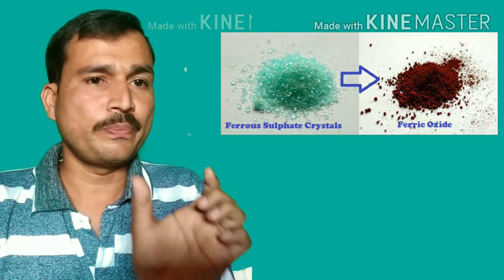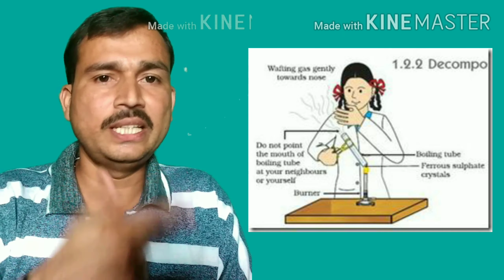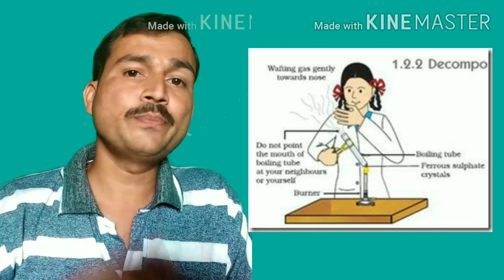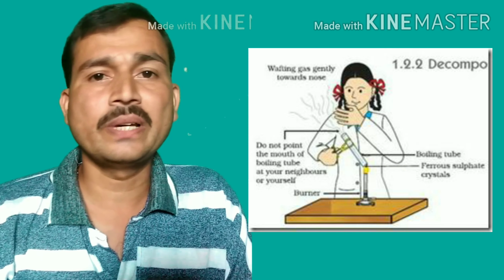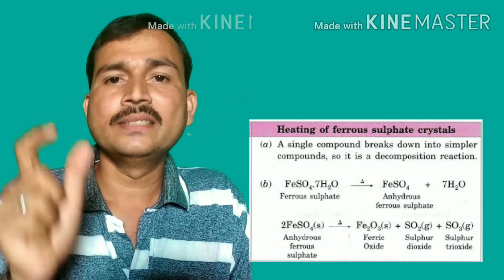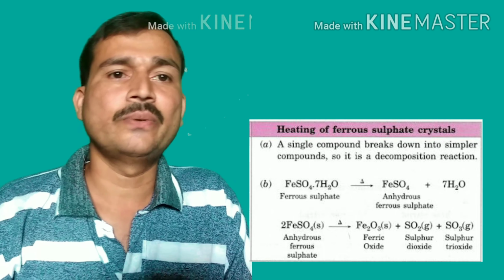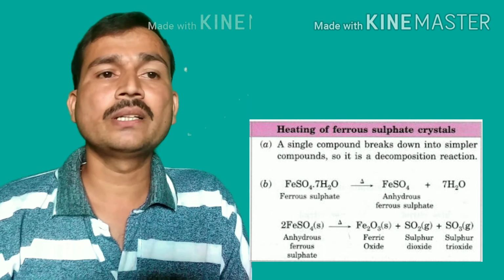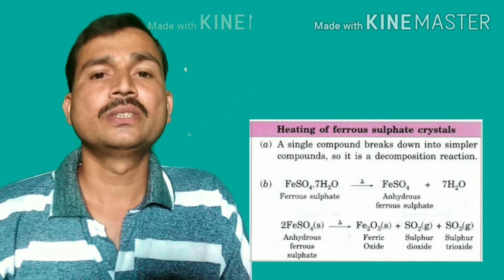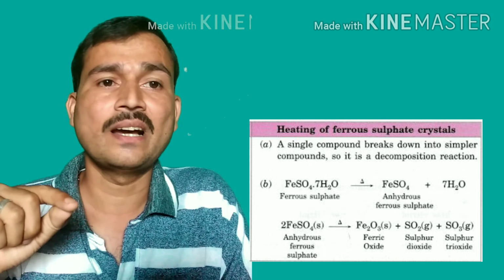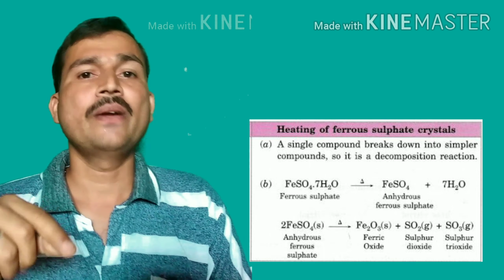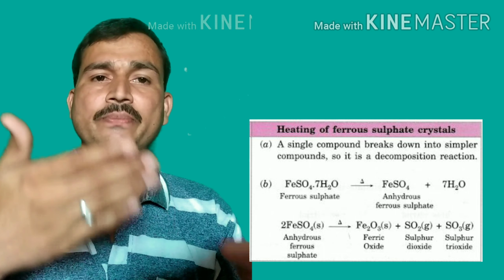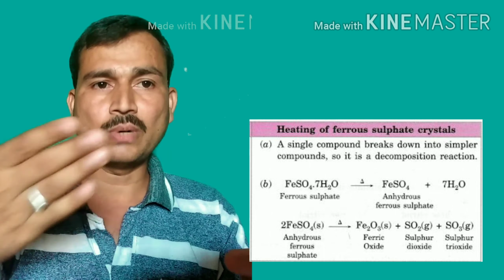Then, as the picture shown in your textbook, just see here, that is the rule and how to confirm the three products produced from green ferrous sulfate: ferric oxide, sulfur dioxide and sulfur trioxide. Ferric oxide is brown in color as a solid, but the formation of the gases sulfur dioxide and sulfur trioxide is confirmed by wafting the gas liberating from the dry test tube of heated ferrous sulfate crystals towards your nose.